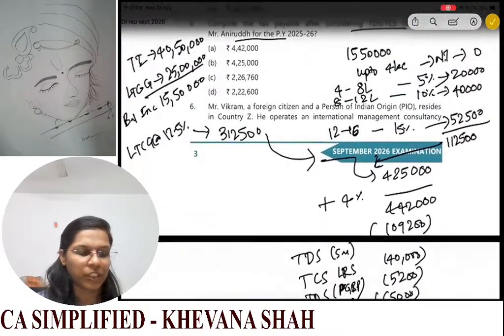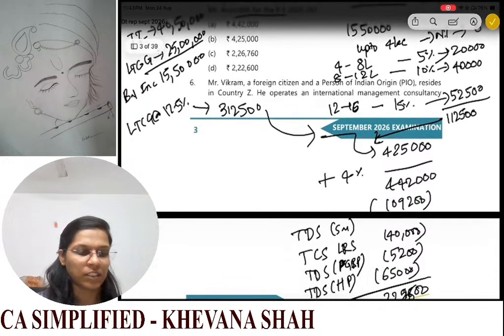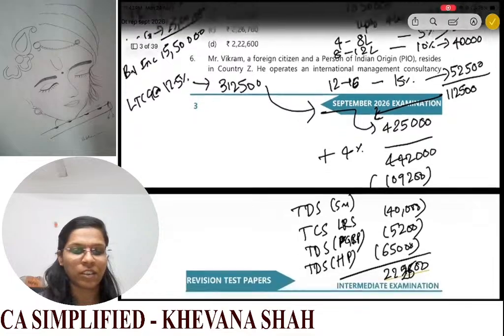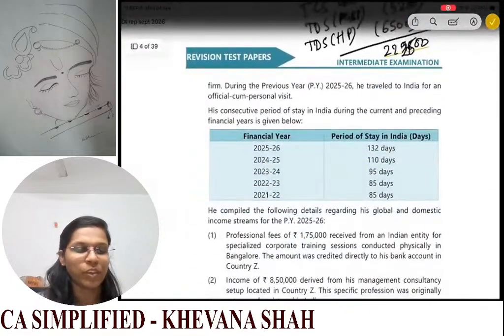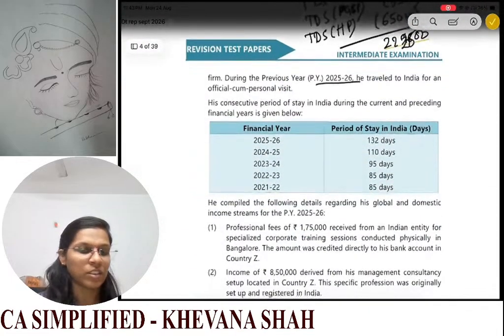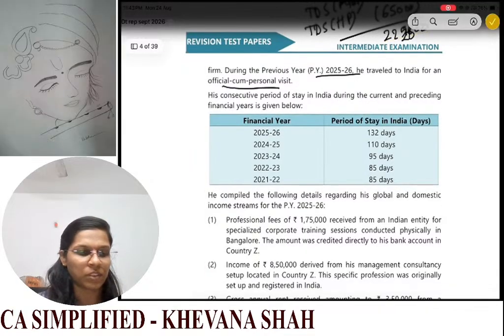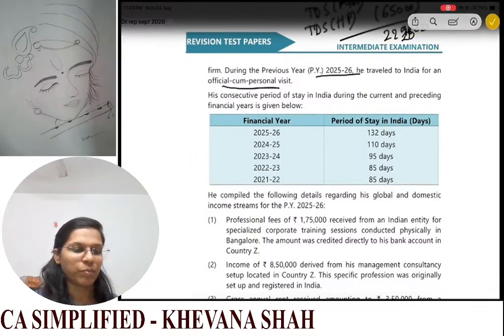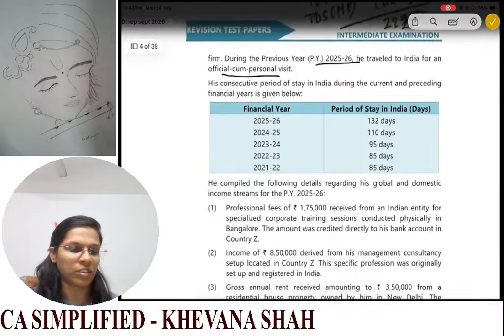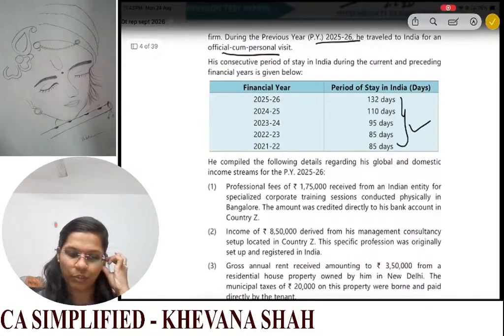Now we have the sixth one. Mr. Vikram, a foreign citizen and person of Indian origin, resides in country Z. He operates an international management consultancy firm. During the previous year 25-26, he traveled to India for an official cum personal visit. His consecutive period of stay in India during the current and preceding financial years we are given. Okay.